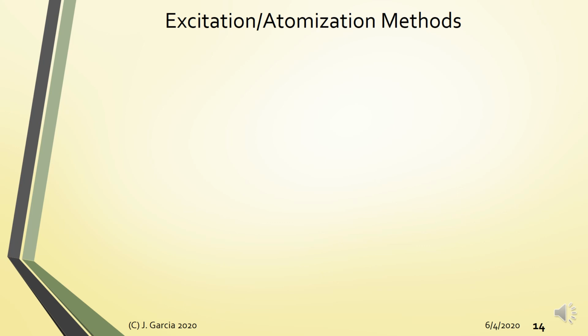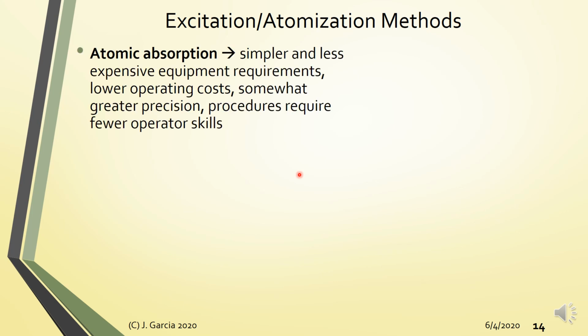Okay, so on this slide, we're just going to compare some of the excitation atomization methods. We discussed this already, atomic absorption. In relation to the other atomization methods, it's simpler and less expensive. Flame-AAS is just around 2 million pesos or less.